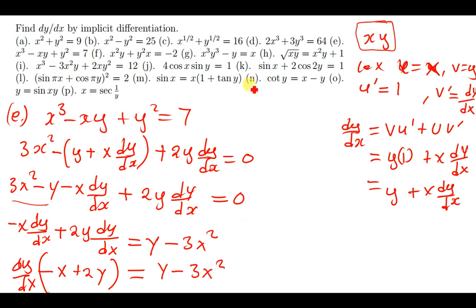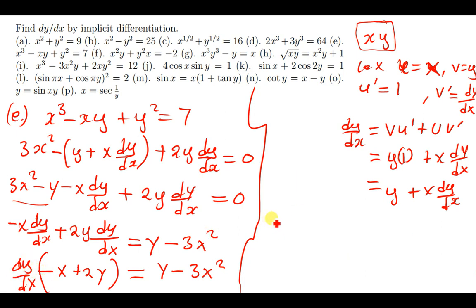So now after doing this, we can divide everything by negative x plus 2y, so that we just remain with dy/dx on the left.